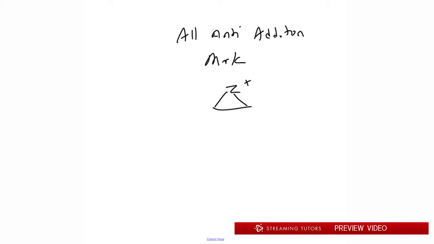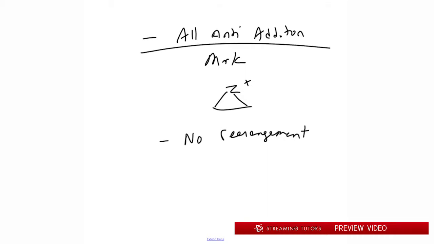The positive is on the triangle, it's not on the carbons. This means that there's no rearrangement. Why? Because the carbon is never positive. If there's no carbocation, then there's no rearrangement. This is something that we should know about all anti-additions. Make triangle. There you go.